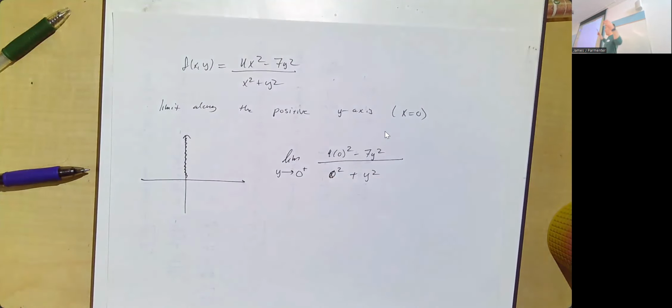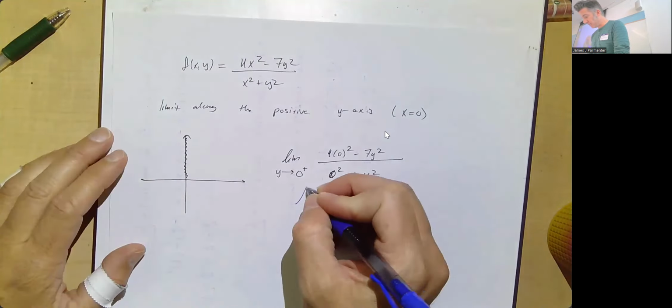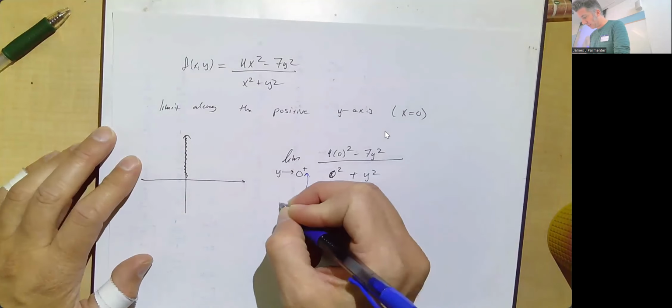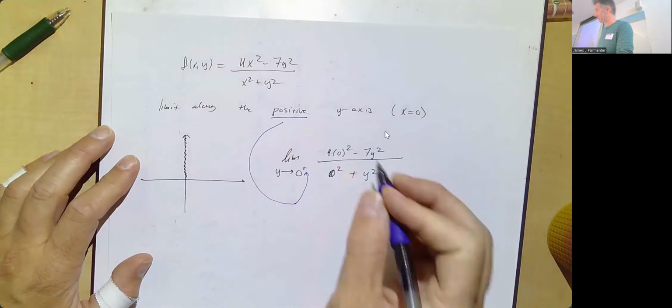Because if you're on the positive y-axis, then y is positive, and you're approaching 0 from the larger than 0 side. So in my mind, this is the only thing that is different about that.